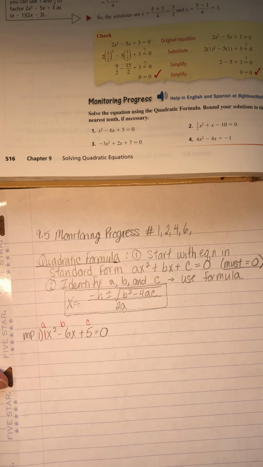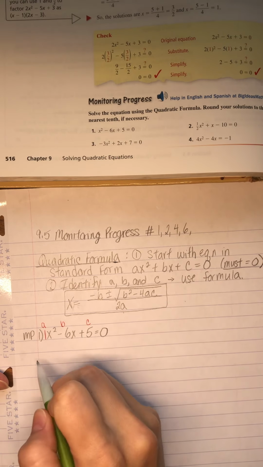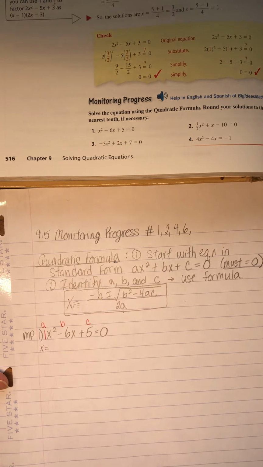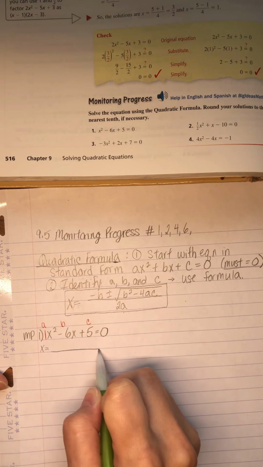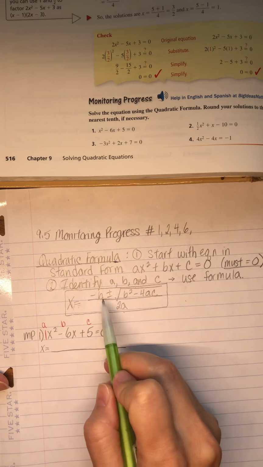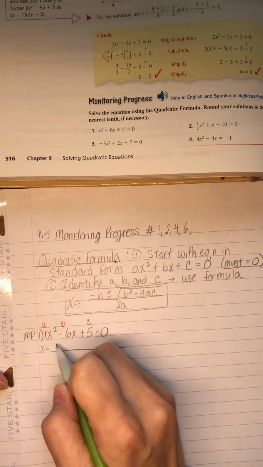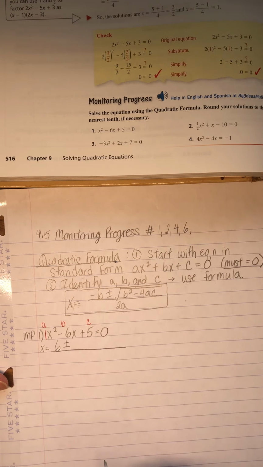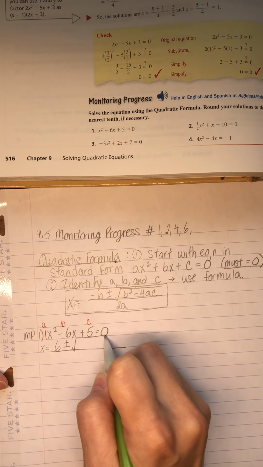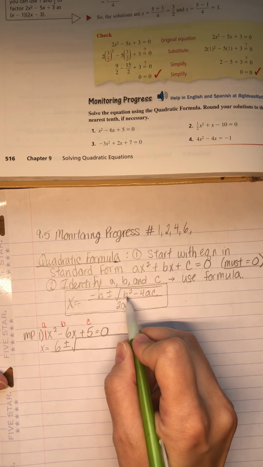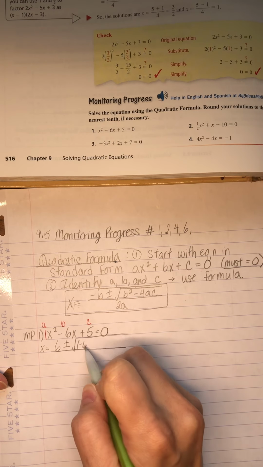Let's take these numbers and plug them into the quadratic formula. So we're going to have x equals, and I'm going to set up my big fraction here. We want the opposite of b. We said our b was -6, so the opposite is going to be +6, plus or minus the square root. Now we want b squared. So again, our b is -6.